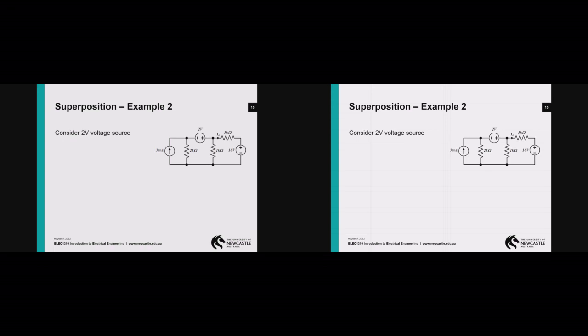Cool. 2 volt source. So we're looking at the voltage source up the top. So we've got to zero the current source and the 10 volt source. The current source becomes an open circuit, and the 10 volt source becomes a short circuit.